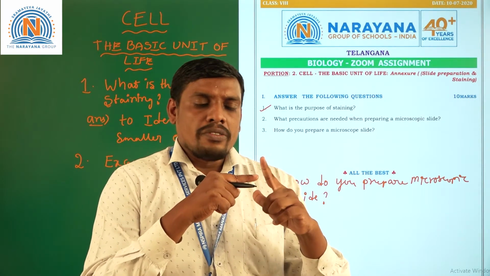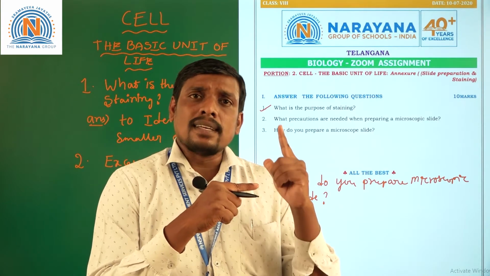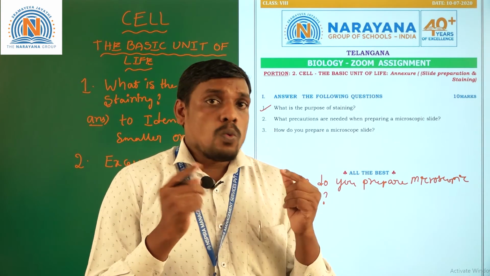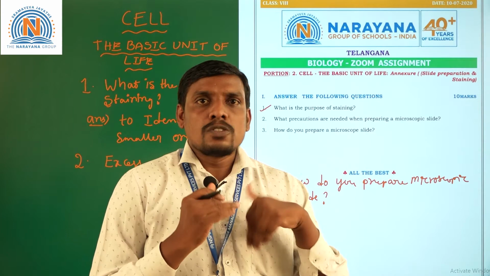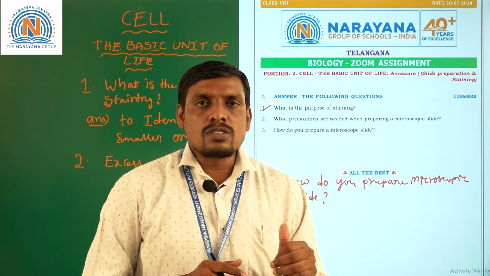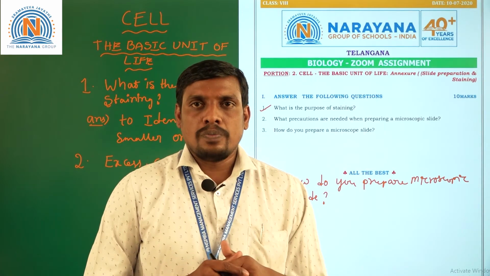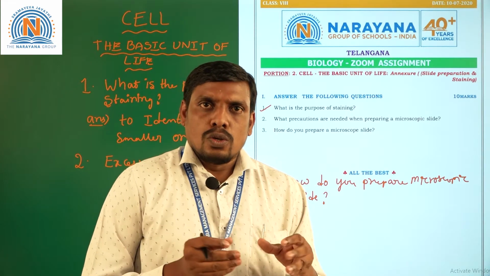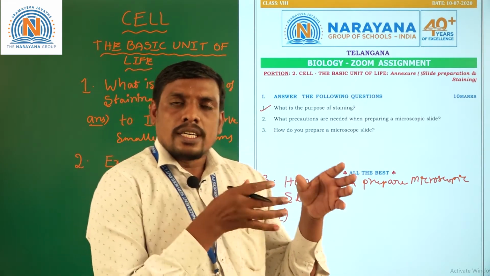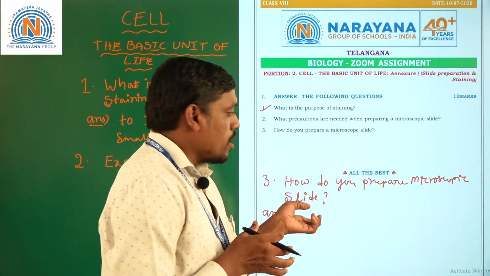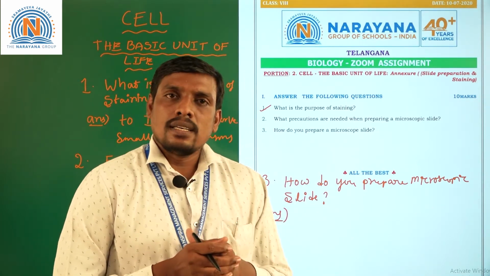If you use the needle while placing the cover slip on the specimen, what will happen? Air bubbles do not occur. That leads to clear visibility of the specimen under the microscope, isn't it? So these are the different steps we have to take while preparing the slide.